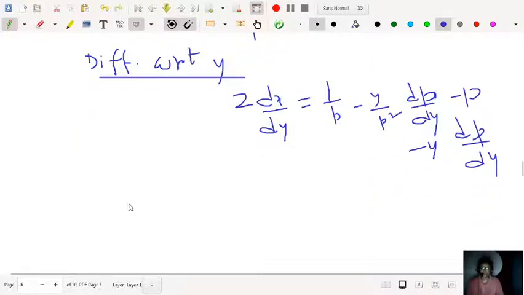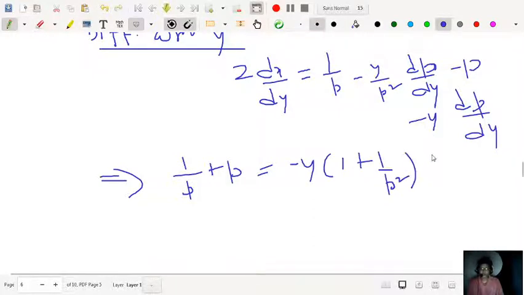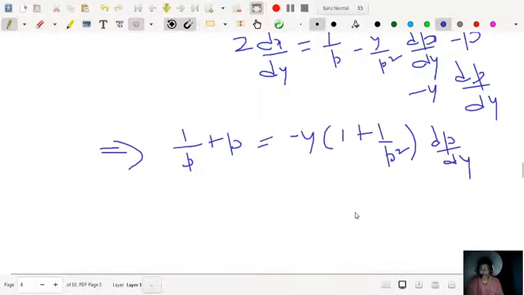And if you simplify further, with some manipulations, it will be like this: 1 by p plus p, because your dy/dx is p, this p, equal to minus y into 1 plus 1 by p square into dp/dy, right?